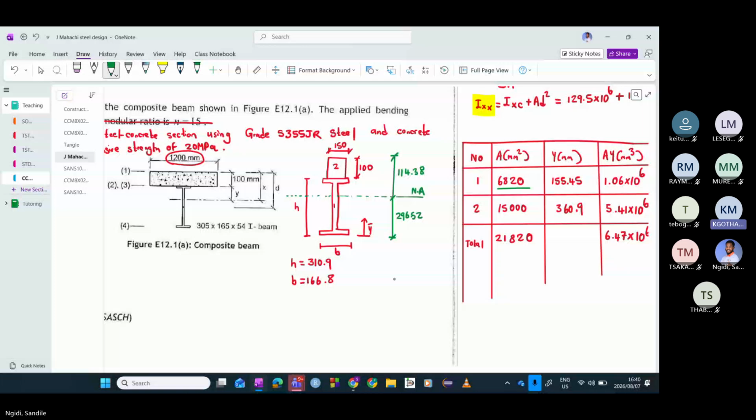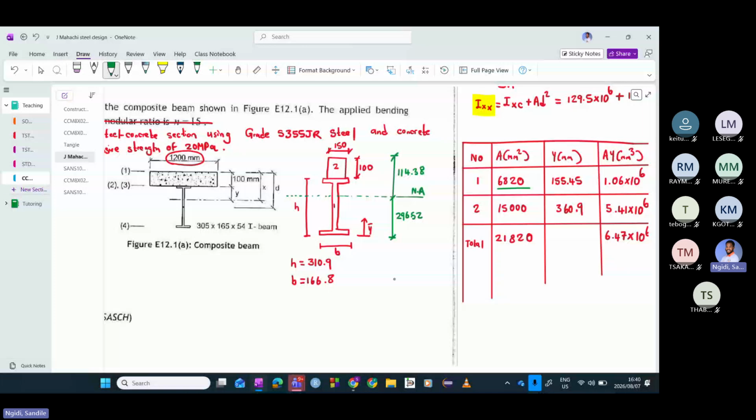Yes, I got 6.82, but the other area, the area of 15,000. That's a rectangle. To calculate the area of a rectangle, length multiplied by breadth: 150 multiplied by 100. Oh, okay. I understand, sir. Okay. Thank you, sir.